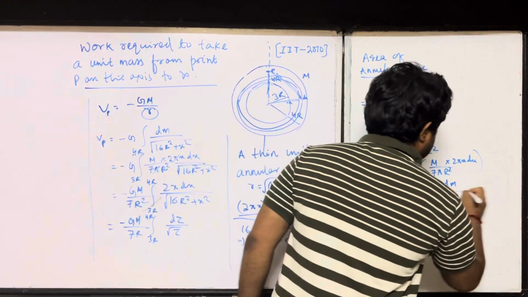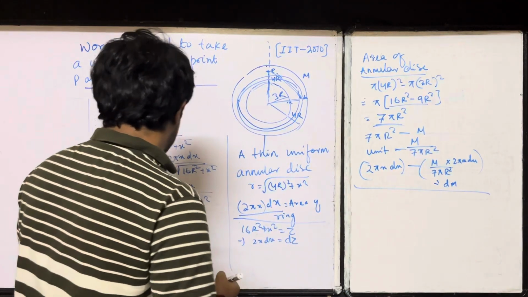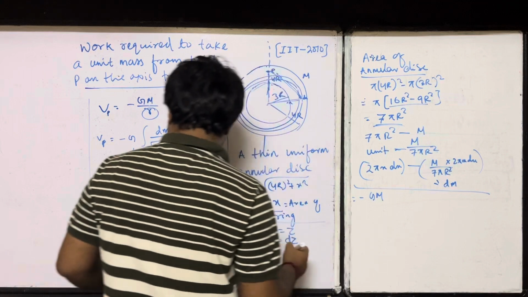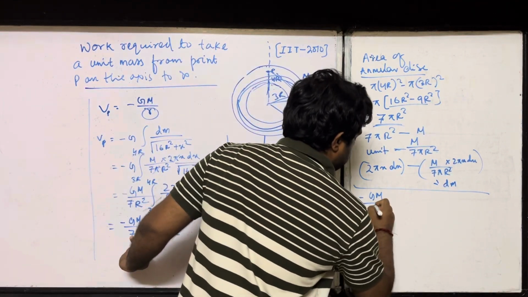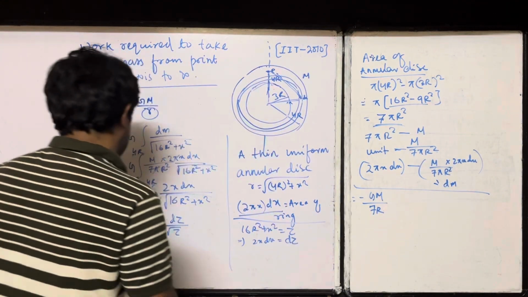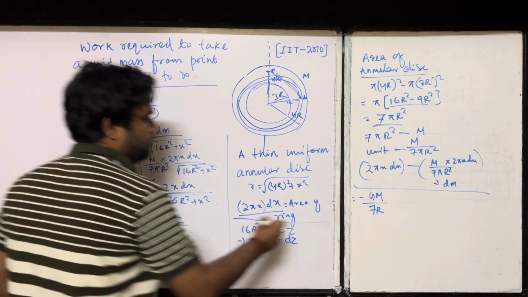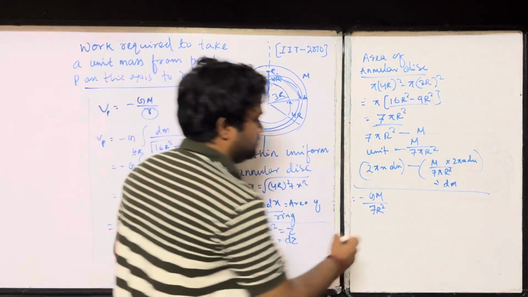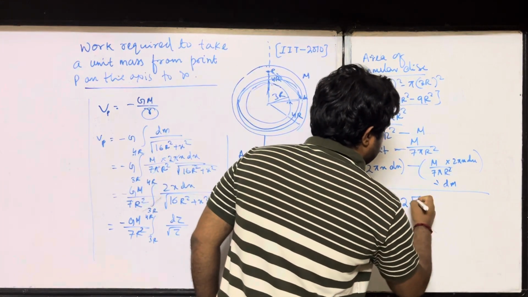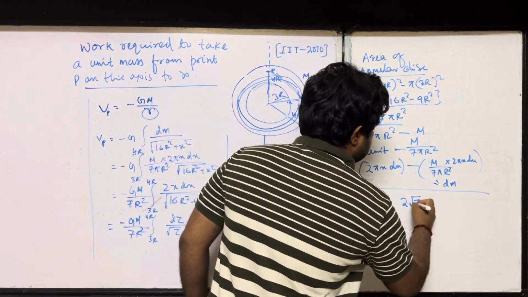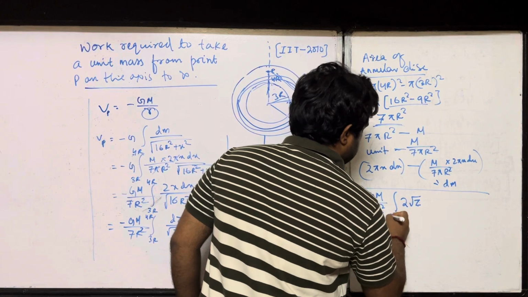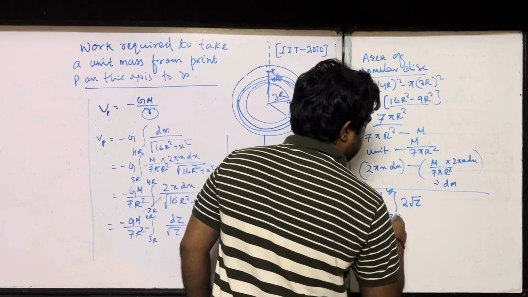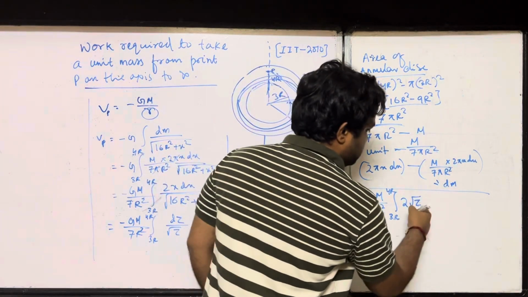So you will get minus GM by 7 r square, and this is 2 root z, integrated from 3r to 4r. These limits are in x actually, so we have to convert z again.